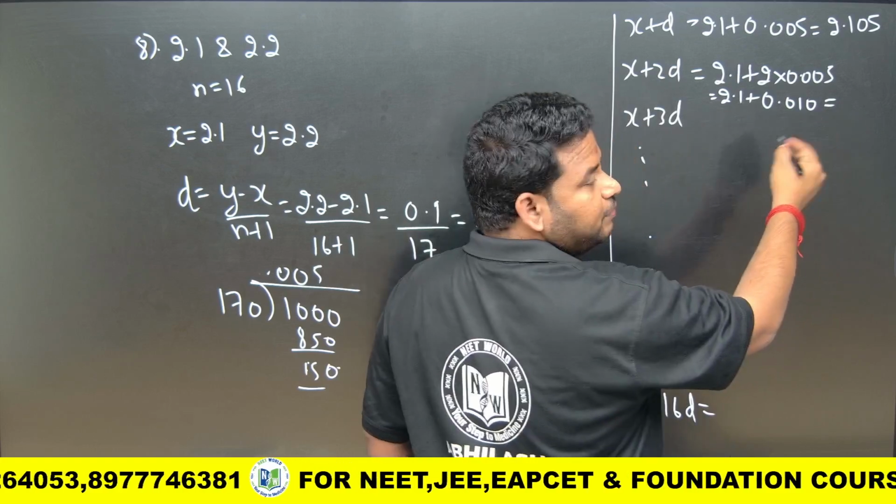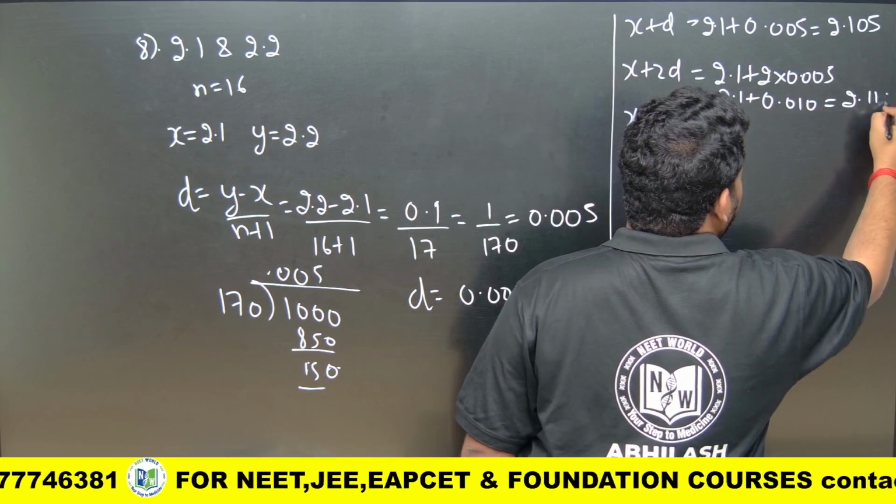So 2.1 plus 0.010 will be equal to 2.110.